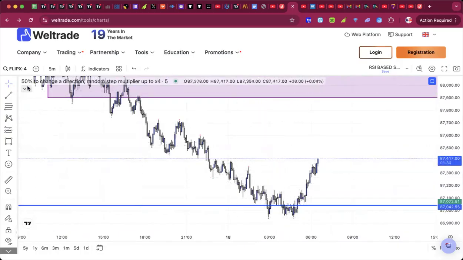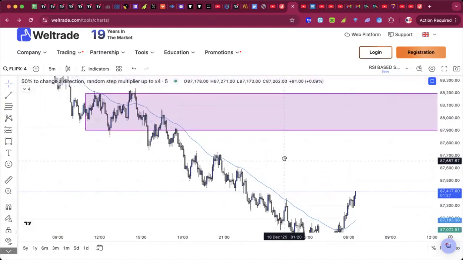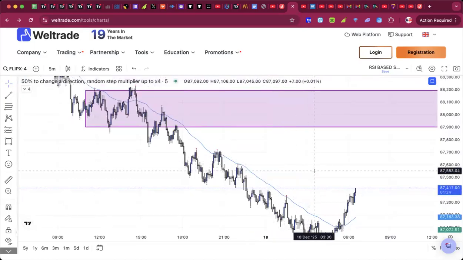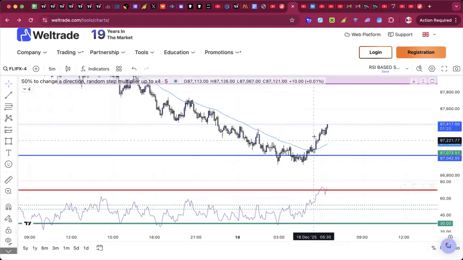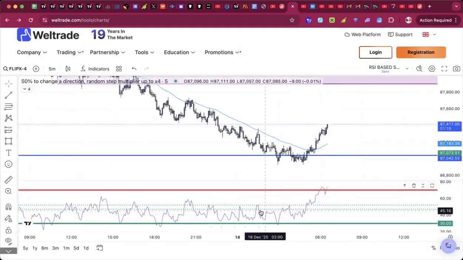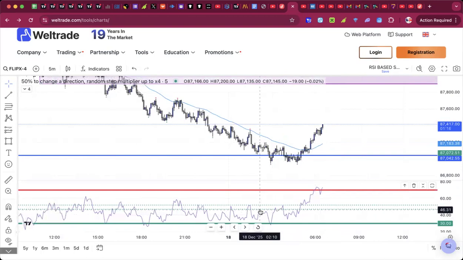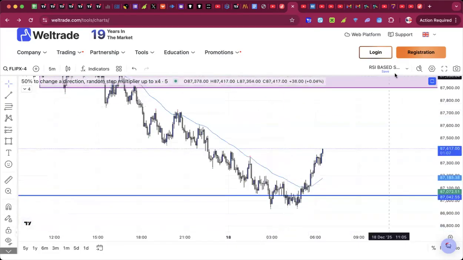So if you want to use a supporting tool, maybe you want to use the 50 EMA. Can you see the 50 EMA plotting the trend, which shows the trend direction, then the 50 EMA with RSI or MACD for momentum and divergence. So this is a convergence, the market aligning together.